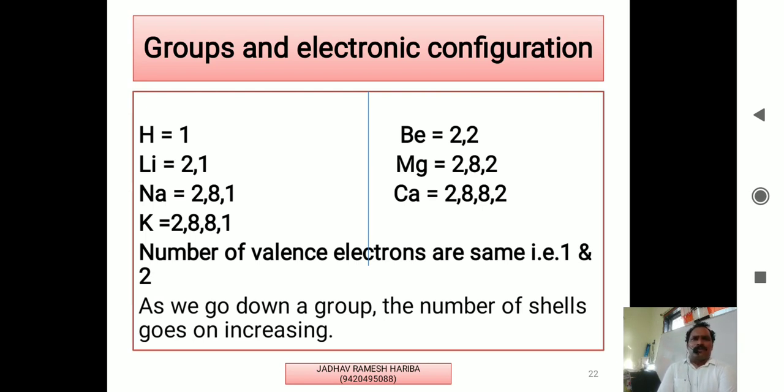So, groups and the electronic configuration: if we see the elements in the first group, that is hydrogen, lithium, sodium and potassium, the electronic configurations are hydrogen 1, lithium 2, 1, sodium 2, 8, 1, potassium 2, 8, 8, 1.